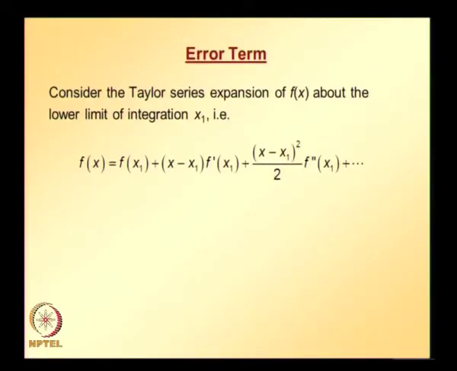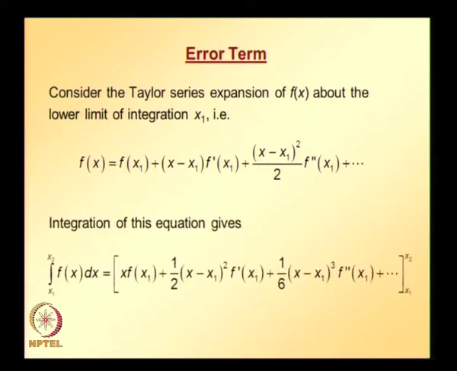If we do Taylor series expansion of f(x) about x1, we get this equation, and integrating this equation on both sides between the limits x1 and x2 results in this, which can be simplified to this one.